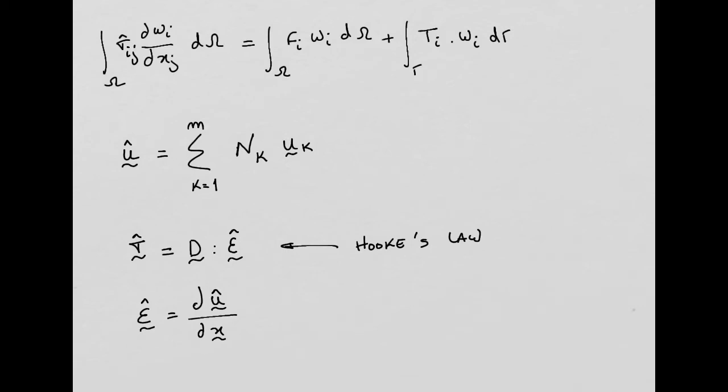We can write this approximate displacement field in the matrix notation, which is more convenient for finite element analysis, because don't forget, all of this we are doing here needs to be implemented in a computer, it needs to be programmed or coded.